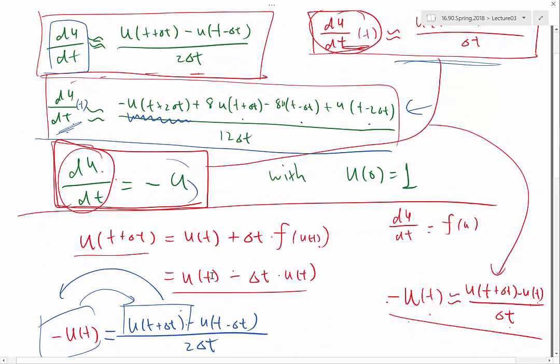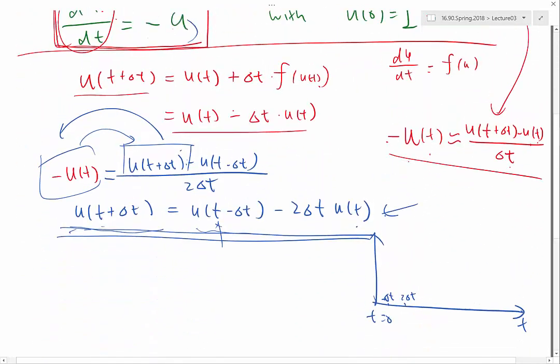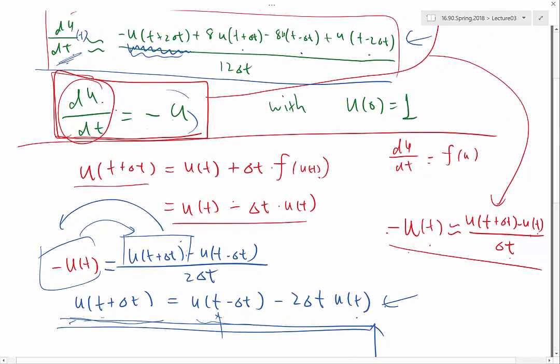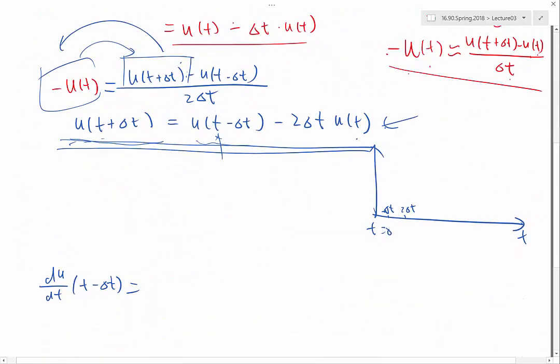Okay, so let's write down the scheme. So this is the most recent entry, right? And let's actually rewrite it as du dt at t minus delta t, right? Because we are thinking the most up-to-date value is u at t, so we want to write it in such a way.